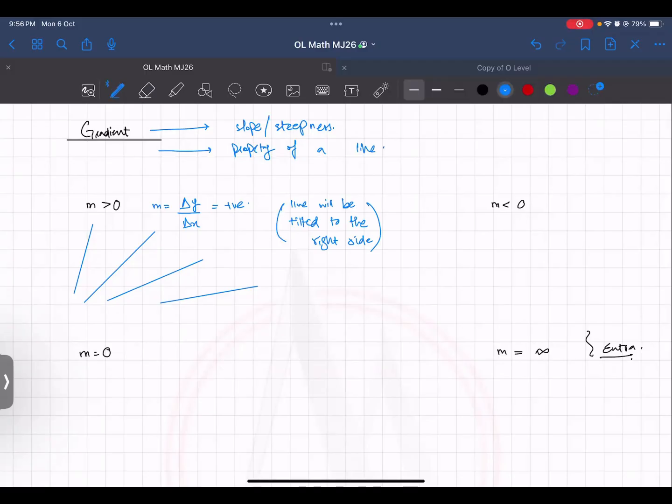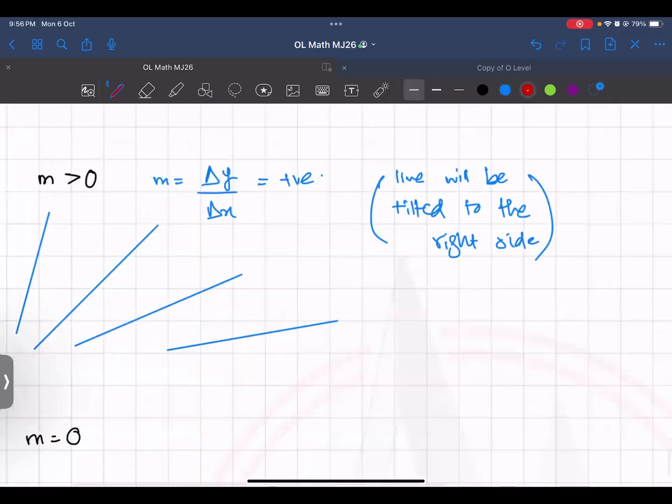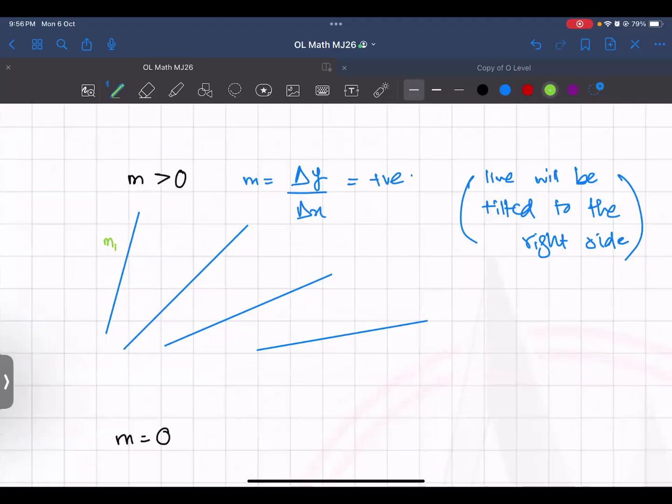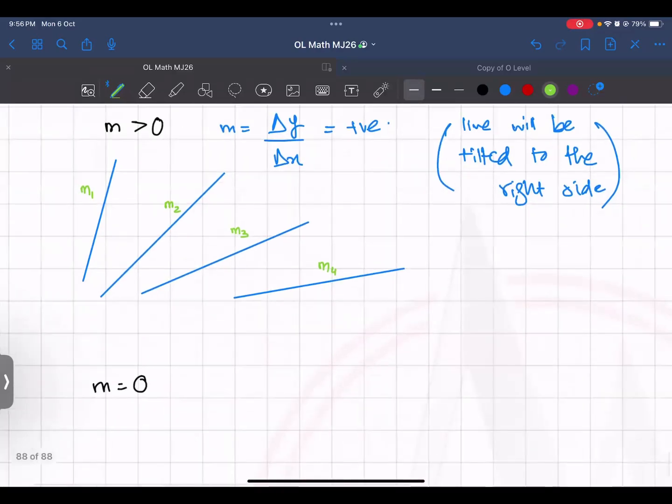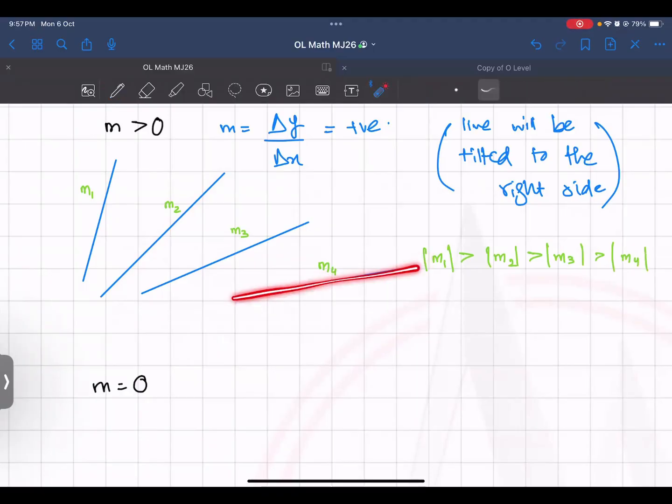And the steeper the line, the bigger the value of the gradient. So this is, let's suppose, m1, this is m2, this is m3. We don't know the exact values. I'm just giving any name to the gradient of these lines. The magnitude of m1 will be bigger than m2, which is bigger than m3, which is bigger than m4, because m4 has the lowest steepness.